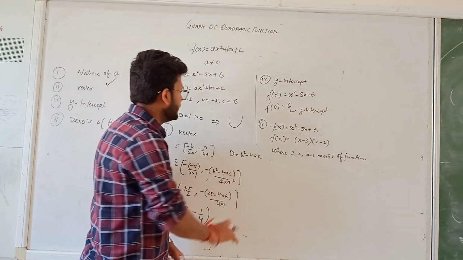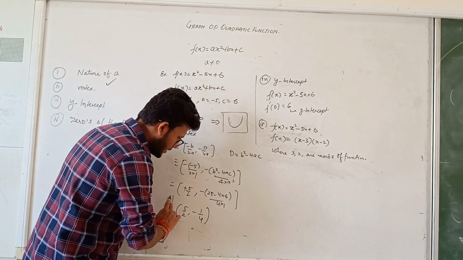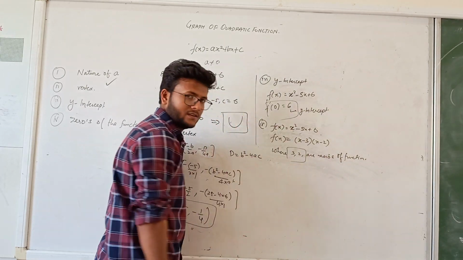We get all four things: upward parabola, vertex, y-intercept, and zeros of the function.